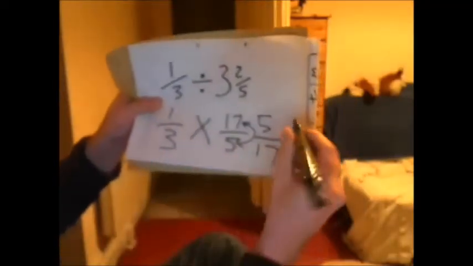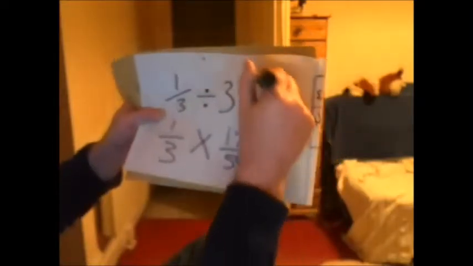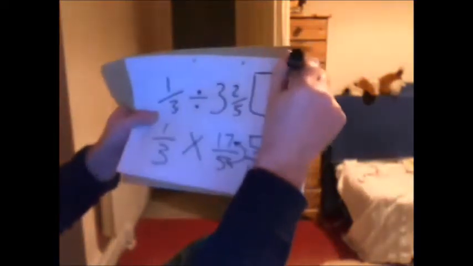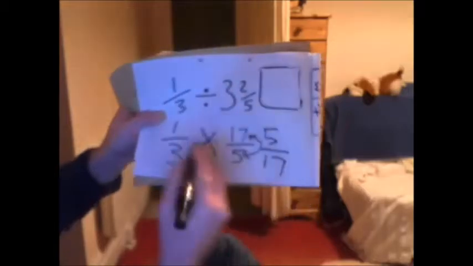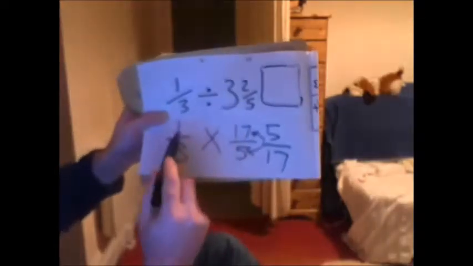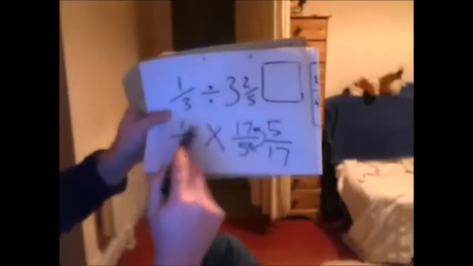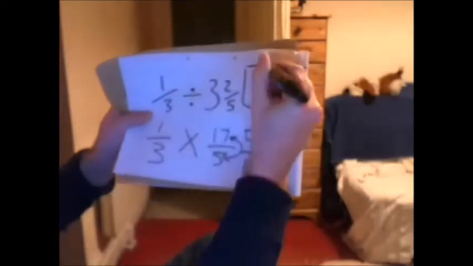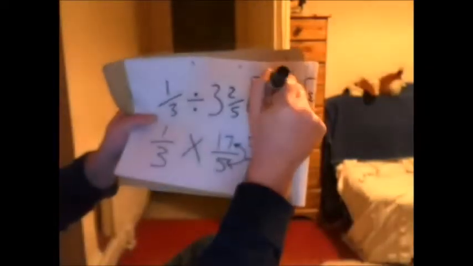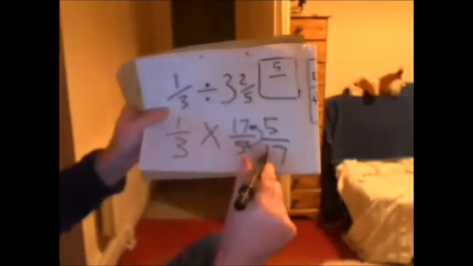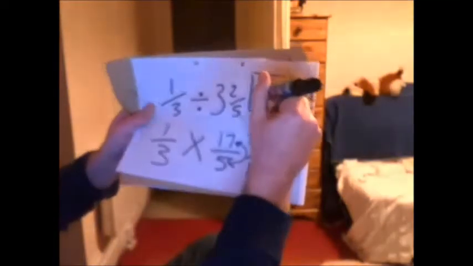That's simple enough. Now, I'm going to put the answer up here, okay? Ran out of space there. We're really saying 1 times 5 is 5. 3 times 17 is 51.